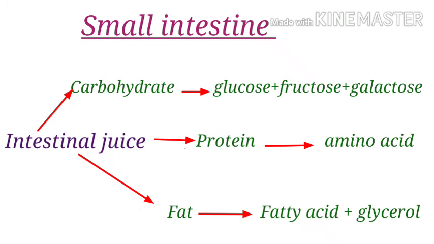The carbohydrate in the digesting food gets converted to glucose, fructose and galactose, the simplest forms of carbohydrate. Protein is converted to amino acids, and fat is converted to fatty acids and glycerol. These are the simplest forms of nutrients, ready for absorption.